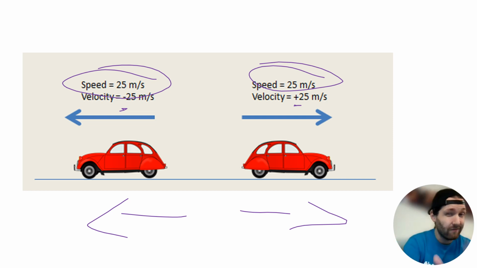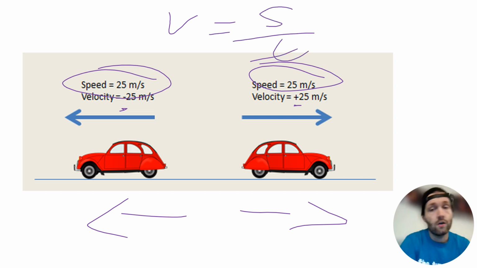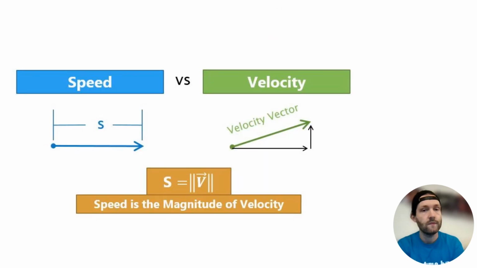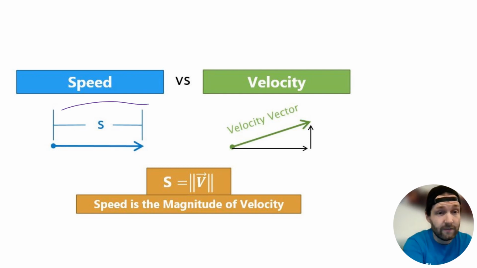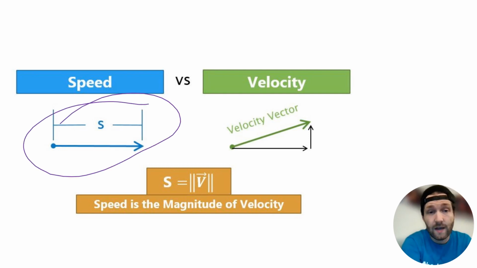So if you want to calculate velocity, then we can just be thinking velocity equals displacement over time. Displacement being the vector pair to distance. Okay? So here we go. Here we've got what we were just talking about exactly before. I've got speed, simply just the magnitude, and then I've got my velocity, right?